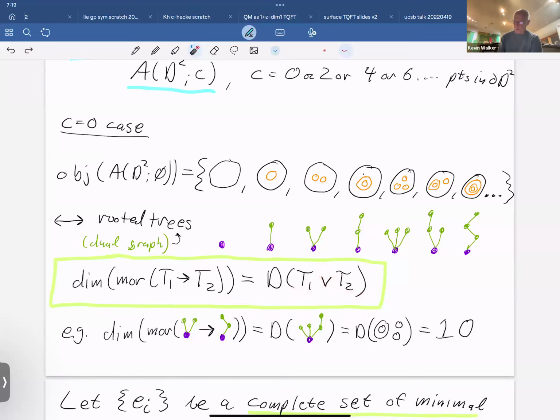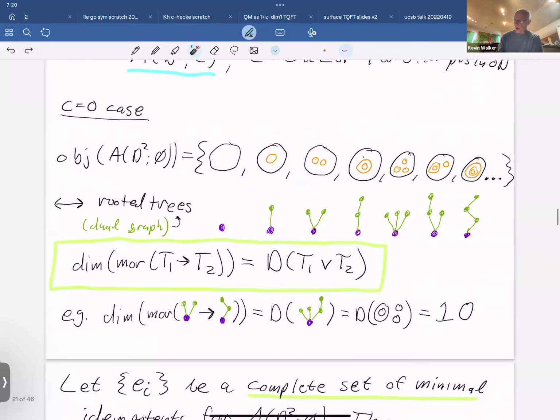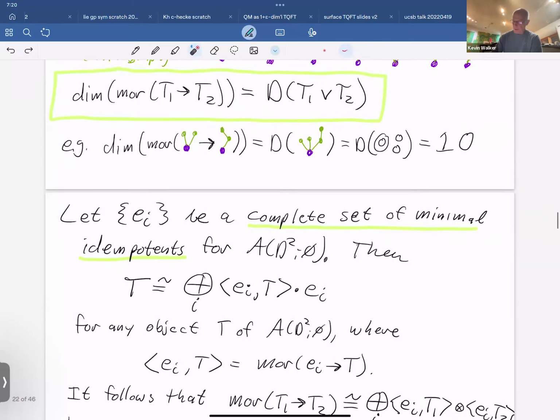So for example, if we want morphisms from the collection of circles corresponding to this tree to that tree, it's the dimension function of this, which happens to be 10. Okay, so we want to understand what all the minimal idempotents are of this category. What I did now is just describe the objects of the category and give a more combinatorial definition to go along with this topological definition.